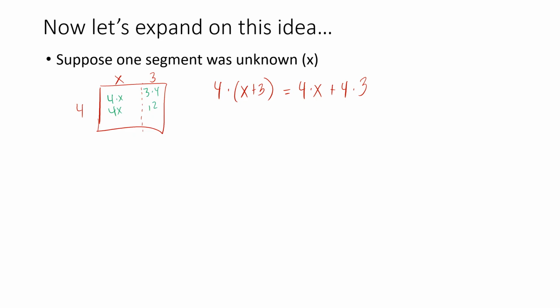All right, now we're going to keep expanding on this. So this would work even if we had more than one unknown. So now suppose the height of the rectangle was an x, and then this was a y and a z. Well, now we could take the y and the z and add those together to get that entire dimension, and then multiply that by the height of the rectangle there, which is x.